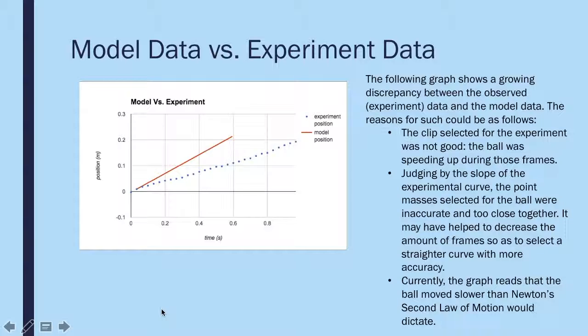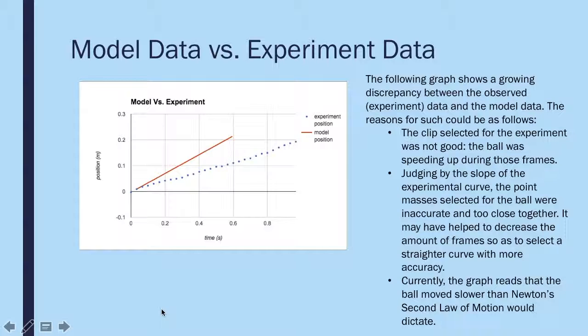As you can see, towards the beginning of the curve or towards the latter half of the curve, the line is starting to appear to be more straight. And maybe if I had gone with those points, I would have produced more accurate data to pull from.